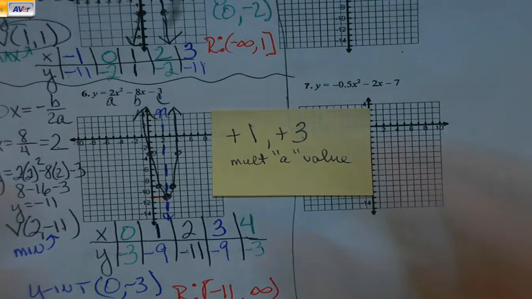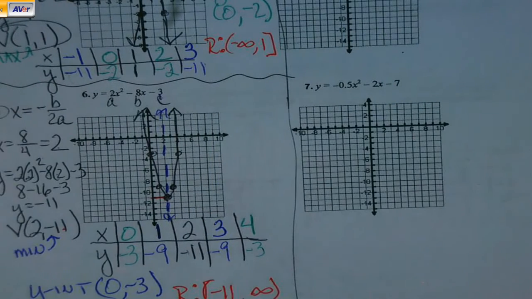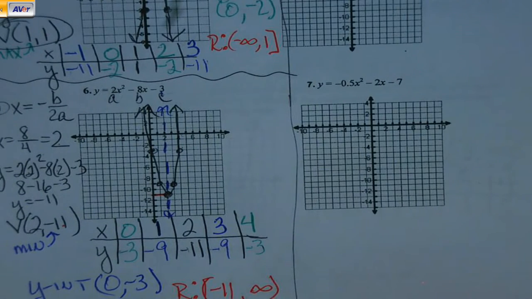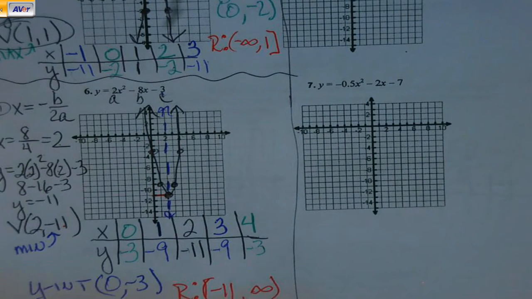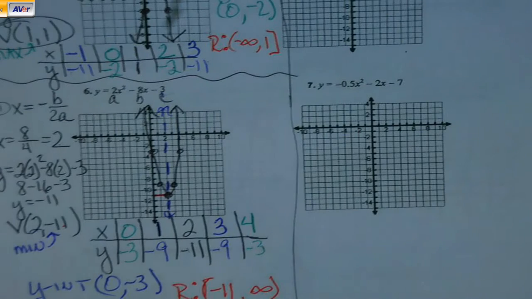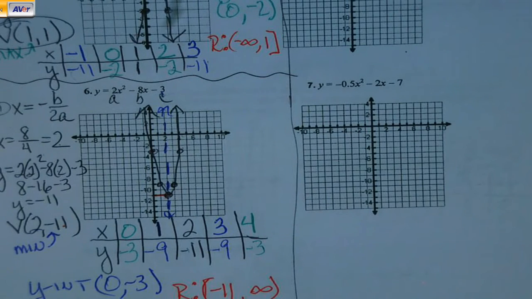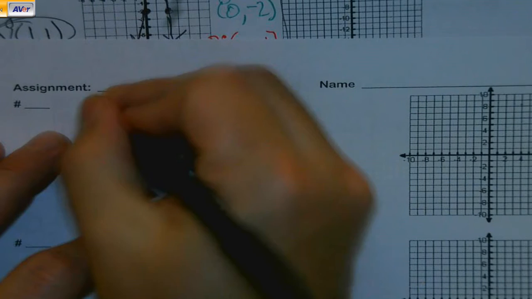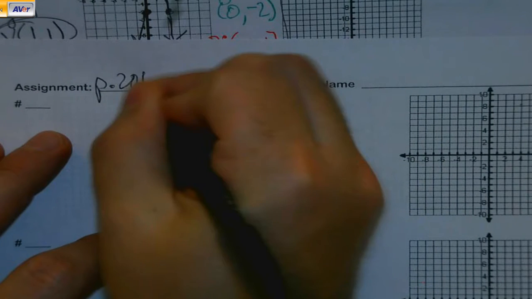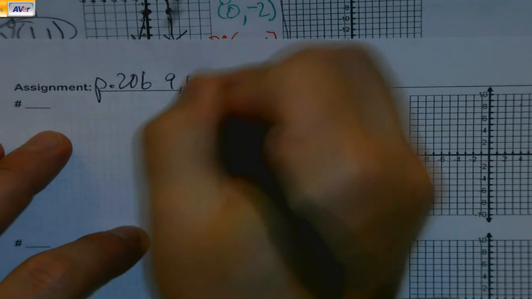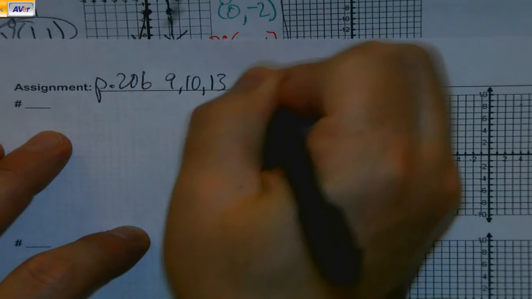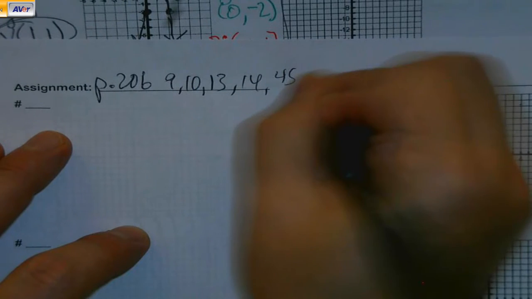I'm going to discuss it again here in a minute as we get into a couple of the homework problems, which I probably should go find a piece of graph paper if I actually want to do this. So let me grab one quick. Like I'd mentioned before, when we were jotting these down, we got 9, 10, 13, 14, 45, and 46.